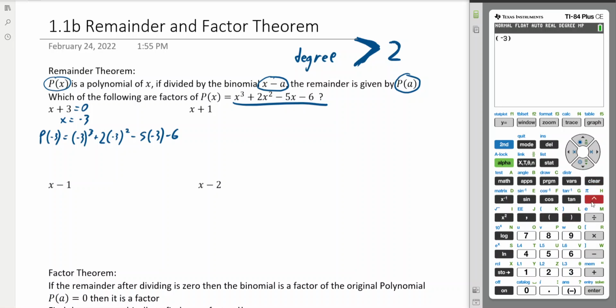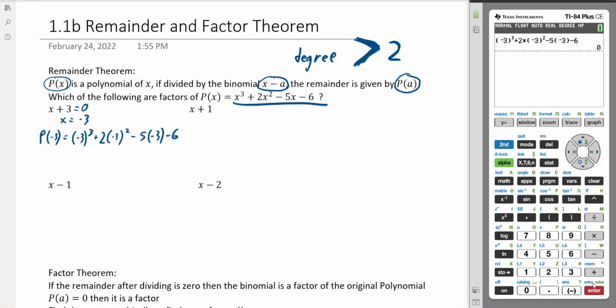Negative 3 cubed, plus 2 times bracket negative 3 squared, minus 5 bracket negative 3, and then minus 6.